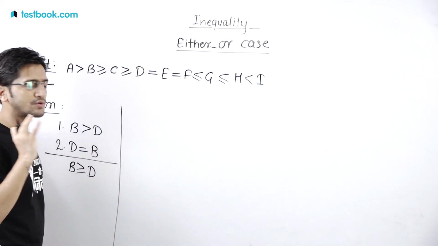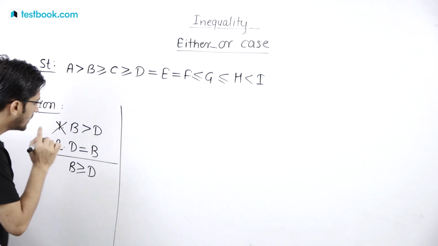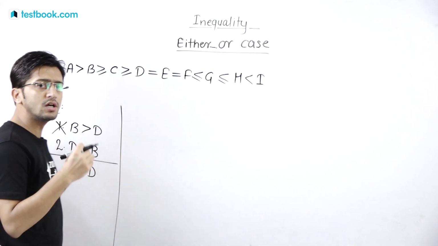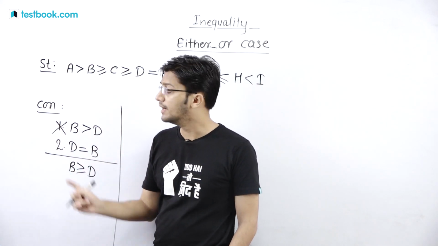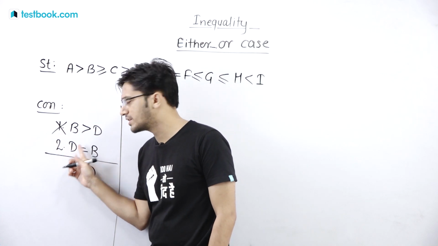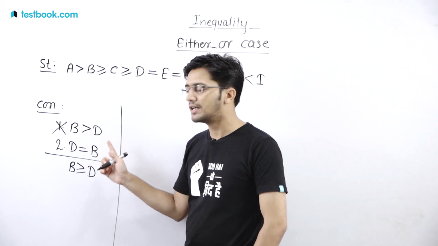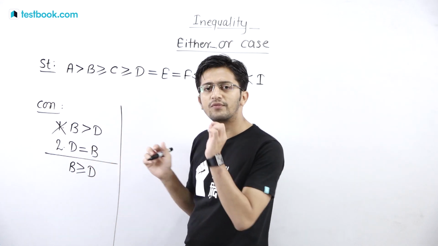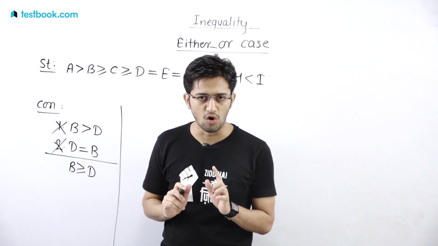The given conclusion is absolutely wrong. The second conclusion also talks about the relation between D and B, and the relation given is D is equal to B. This relation does not match with the relation that we have got, and hence this conclusion is also wrong.